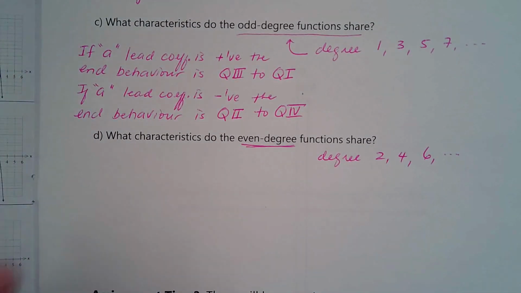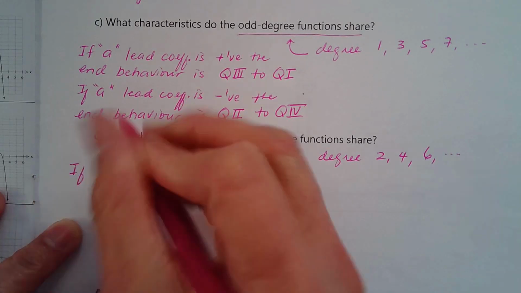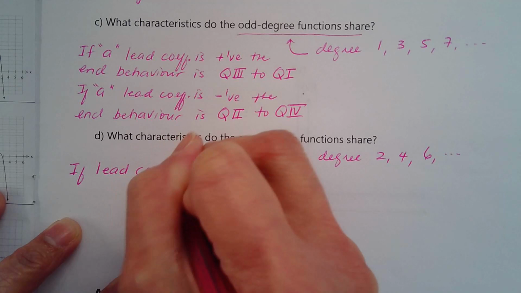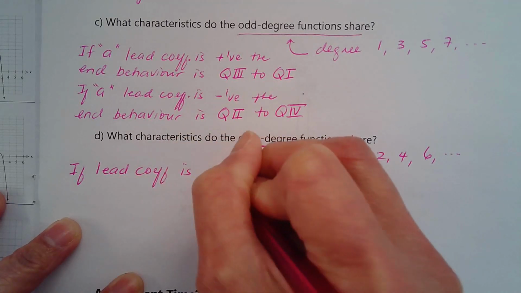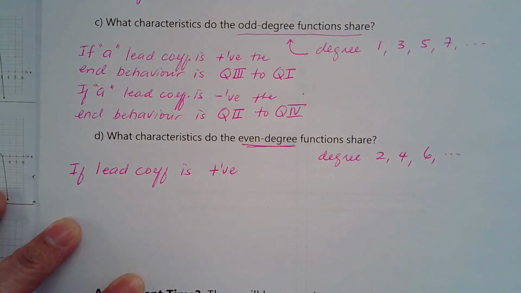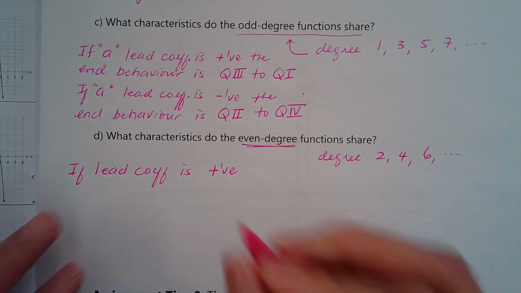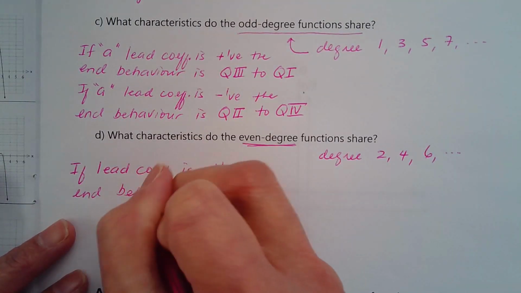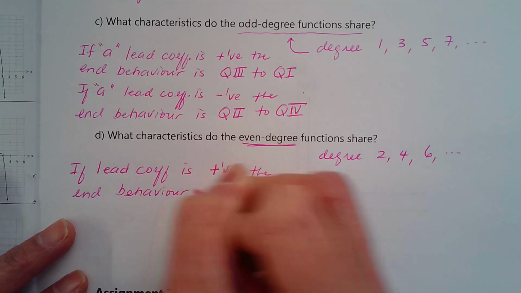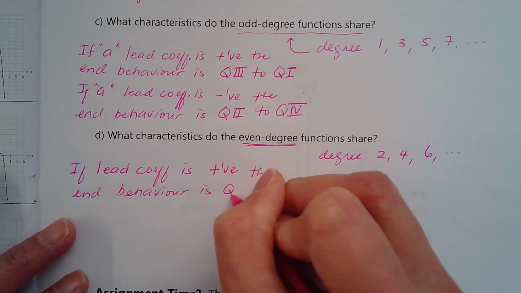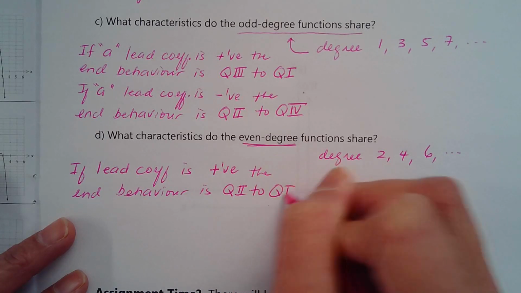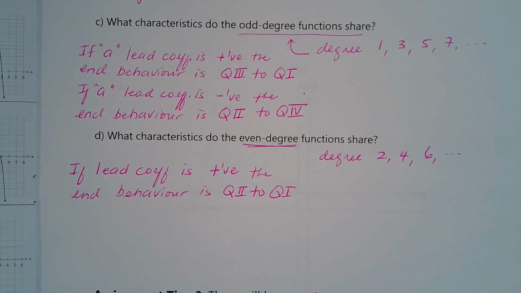So let's write that down. If the lead coefficient is plus, that means positive, the end behavior is quadrant 2 to quadrant 1. They're all up.